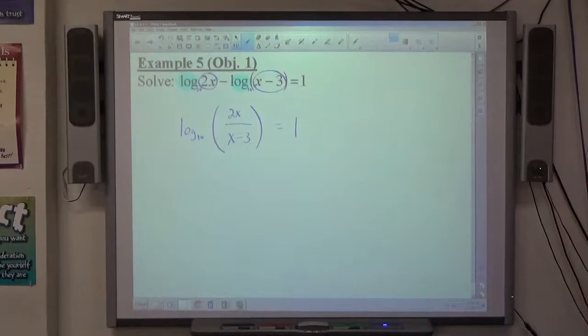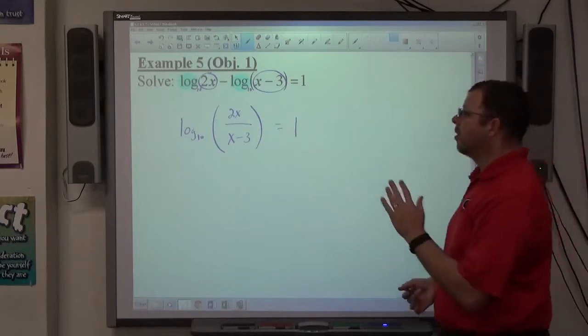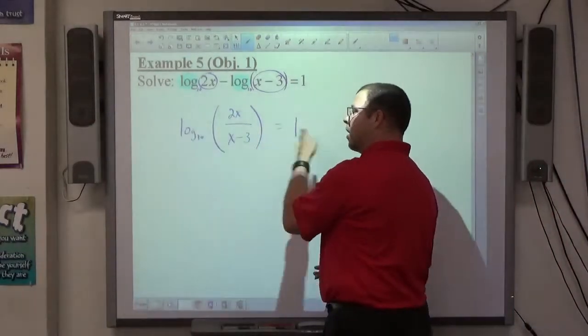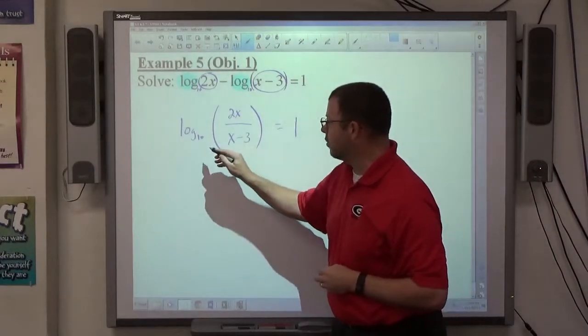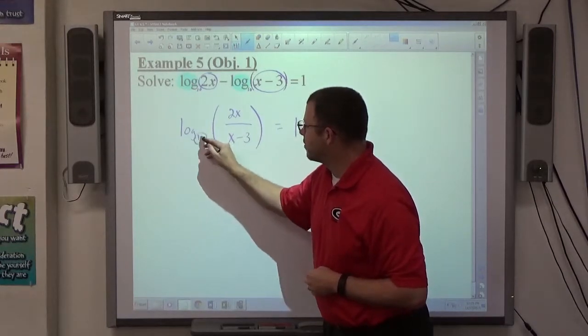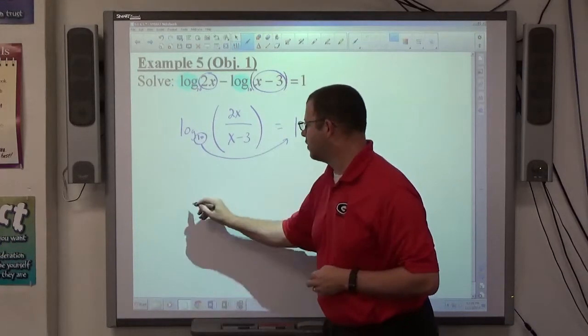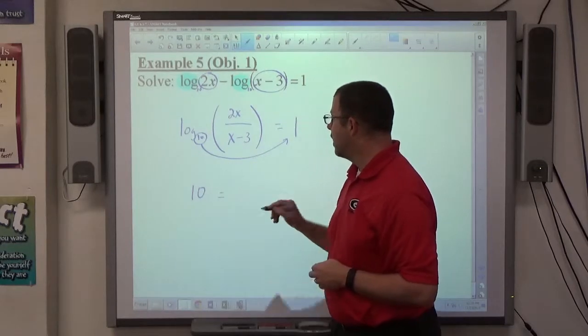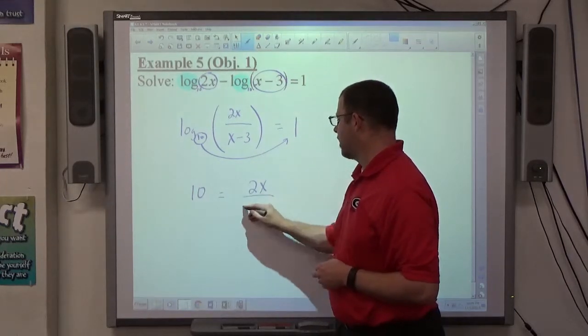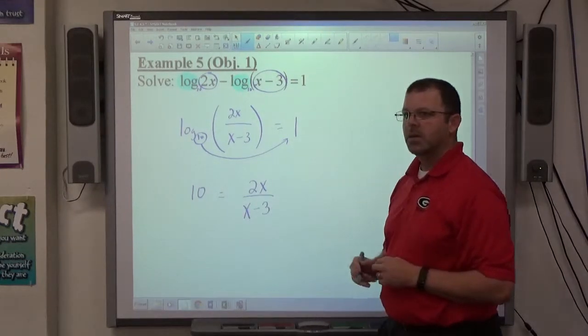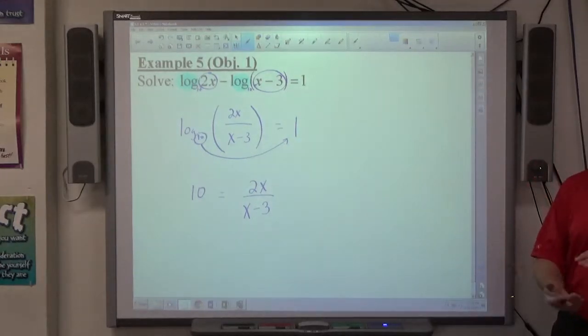So again, using those laws of logarithms to transform that left side into just a single logarithmic expression. Once you get to a single log, log of something equals number, again, if it equals number, we're going to use exponential form. So this base raised to that power, which is 10 to the first, is equal to the argument 2x over x minus 3. And that creates for us just an algebraic problem.